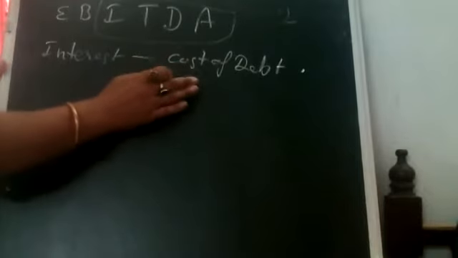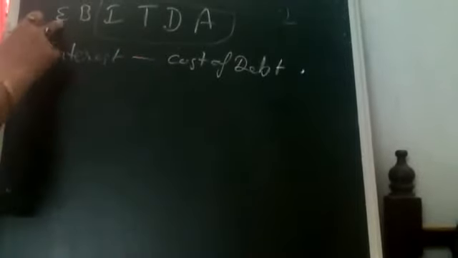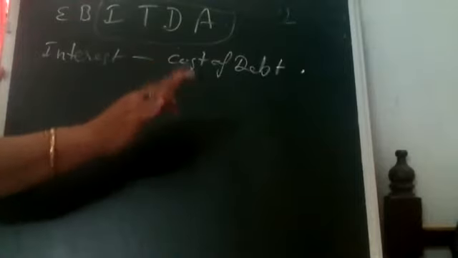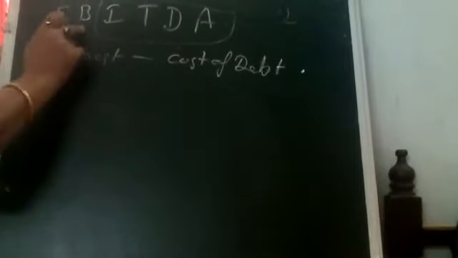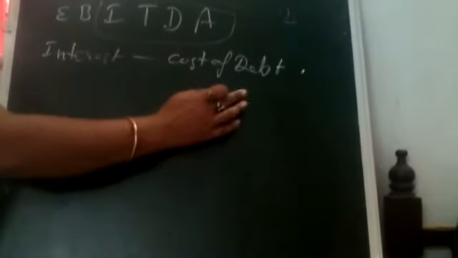If cost of debt, that means interest, is at a high rate as compared to dividend, as compared to earnings, then we should not go for borrowed capital. If interest rate is low as compared to earnings, then we can have borrowed capital. This is the interest.